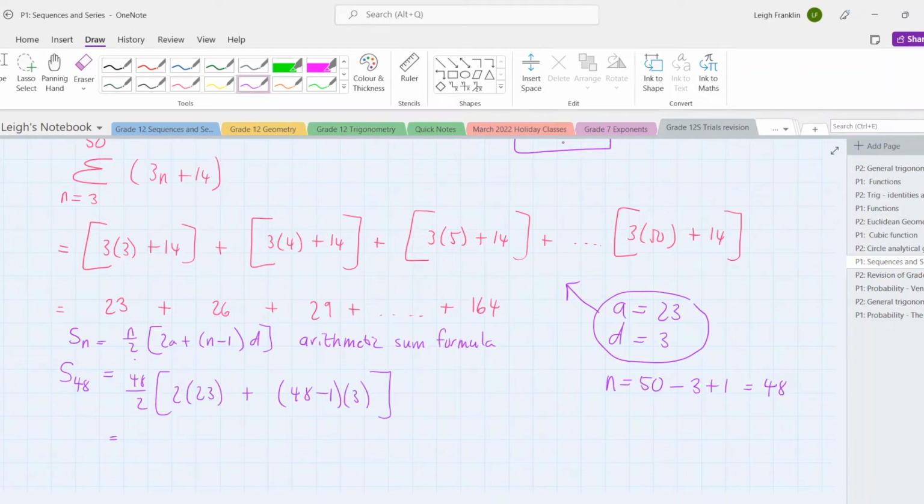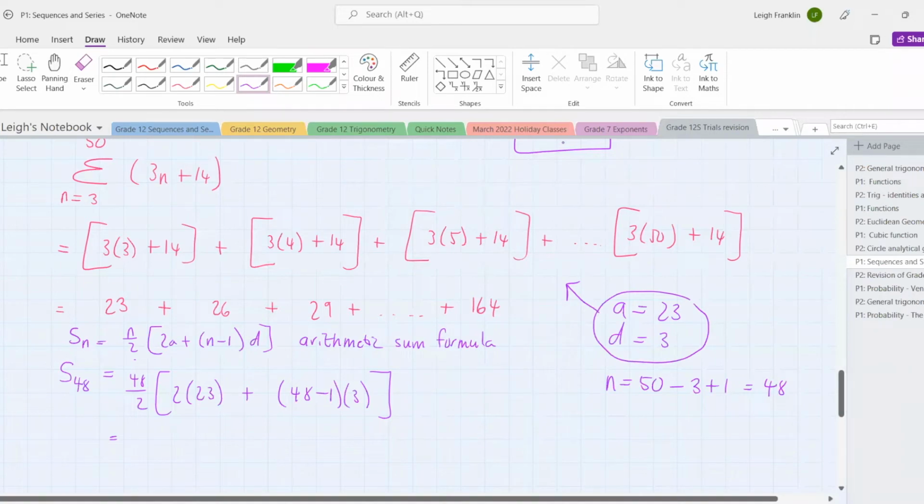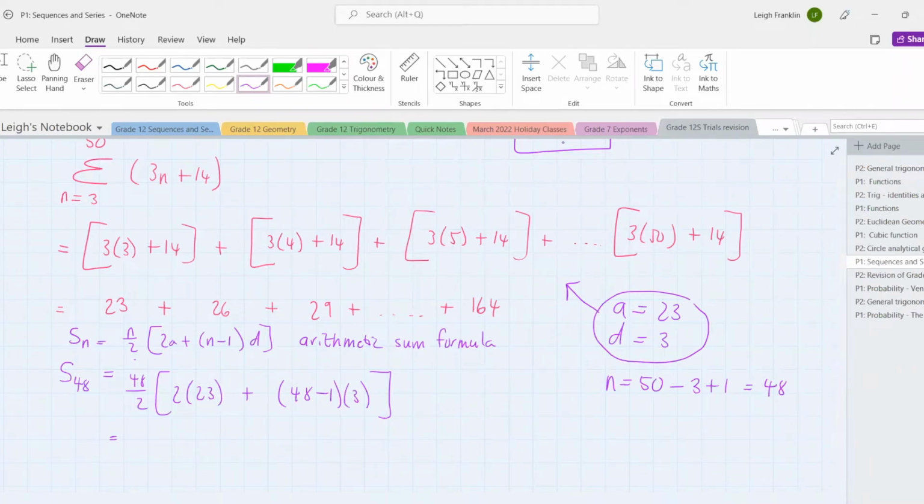Okay, and now we can pop that into the calculator. Yes. Can I just find out, would it be an issue to use a plus l in the brackets? No issue at all. Yes, no problem at all. You can use that as well if you want to. Yeah, 100%.